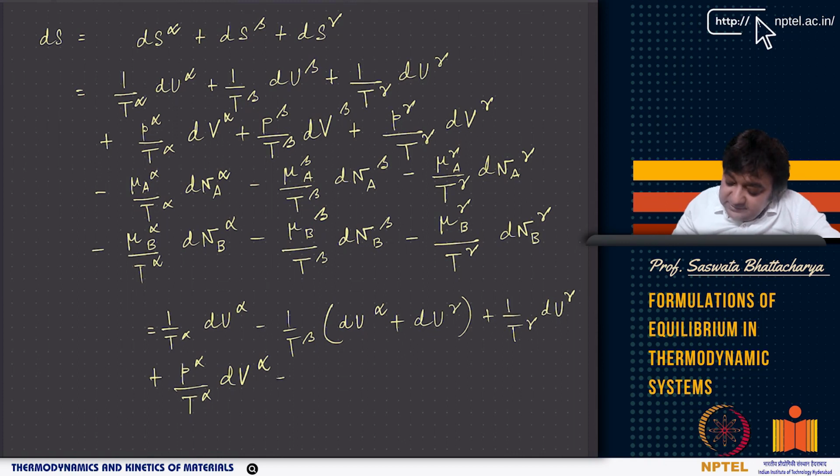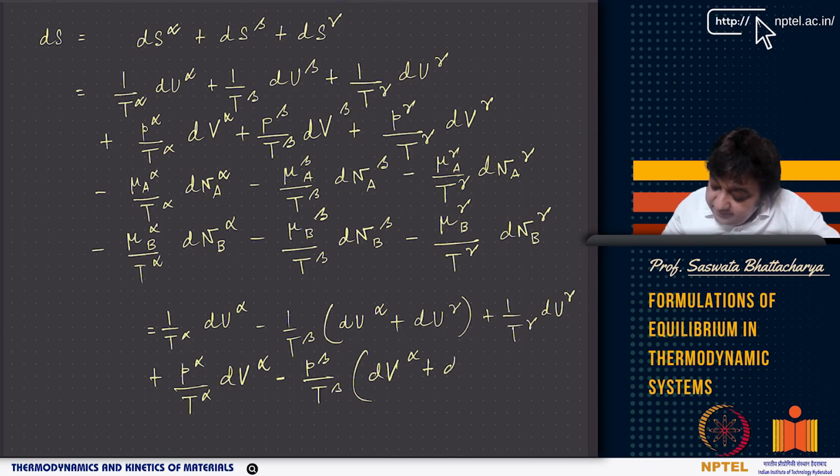So minus P beta by T beta (dV alpha plus dV gamma). So we are substituting dV beta by minus of (dV alpha plus dV gamma), plus P gamma by T gamma dV gamma.